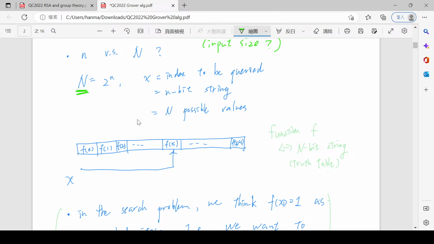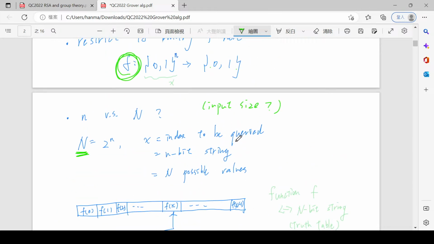So small f has a small n-bit string as input, and so there are 2 to the n possible inputs to small f, and each of the inputs can have output 0 or 1.